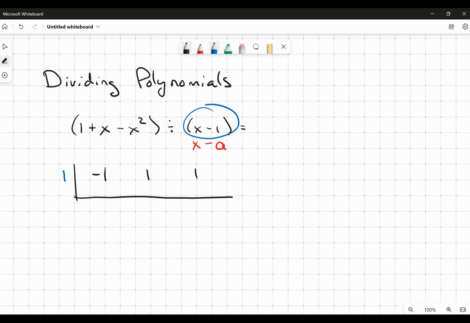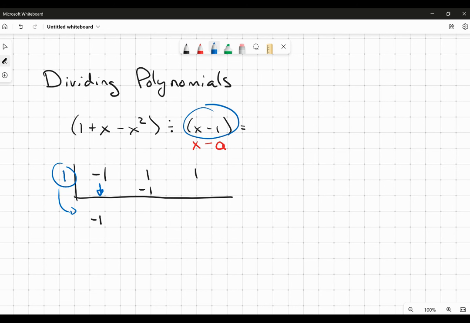The very first thing I'm going to do is bring that first term down, and that is going to become negative 1. Then we multiply. So we go 1 times that negative 1, and I'm going to put that negative 1 as a result right here. And now here's the trick.